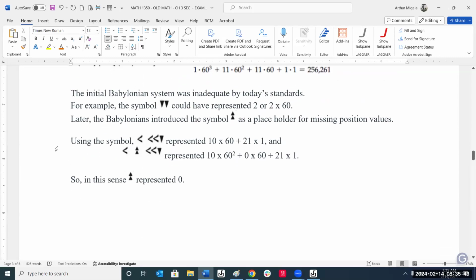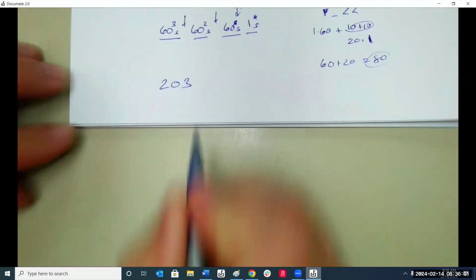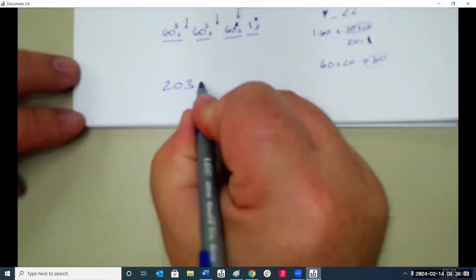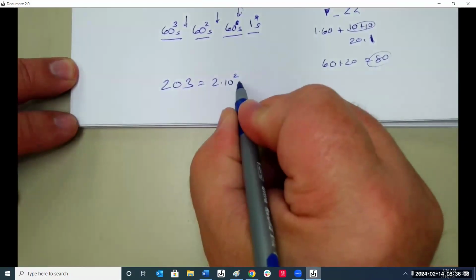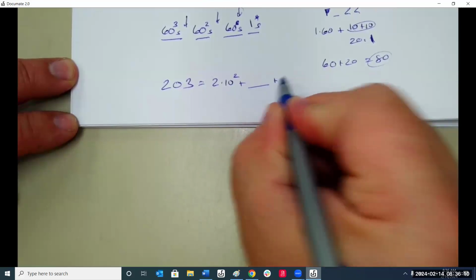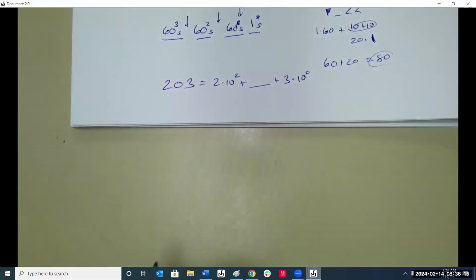Later, they introduced the double arrow as a placeholder for missing positions. In other words, you know how we have 203. So we have 2 times 10 squared plus 3 times 10 to the 0.